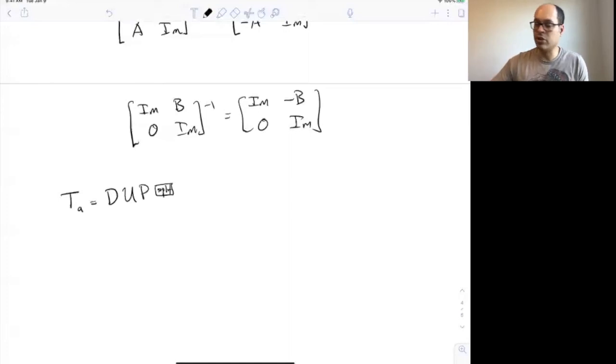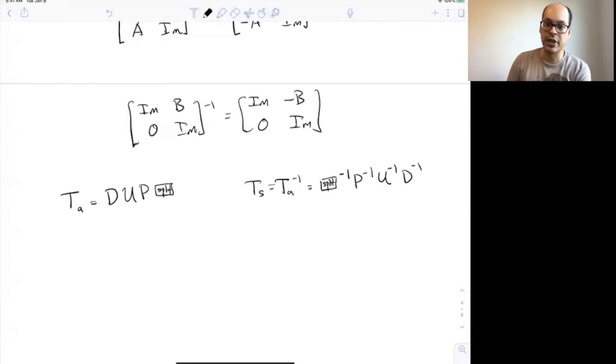The general procedure is that when you want the inverse of a matrix described as a product, that's the same as taking the inverses of each of the constituents in the reverse order. Okay, so the matrix inverse has to look something like that.